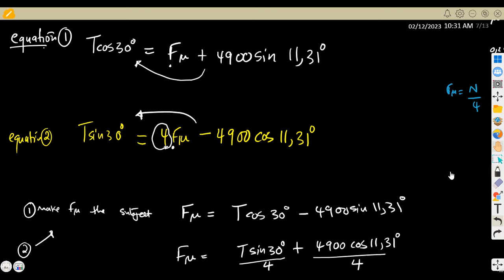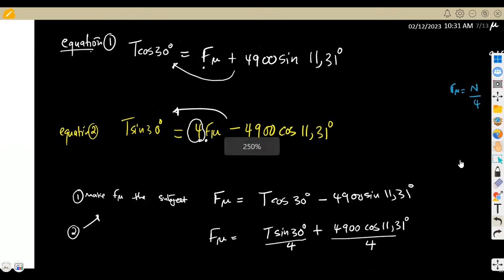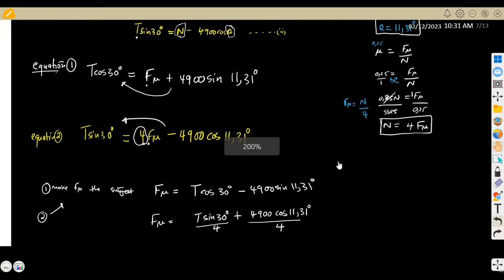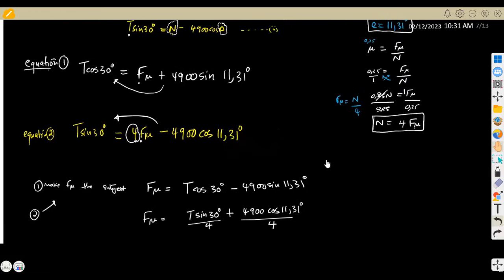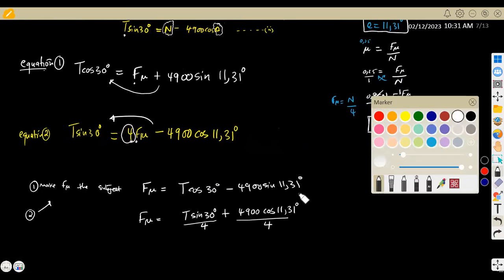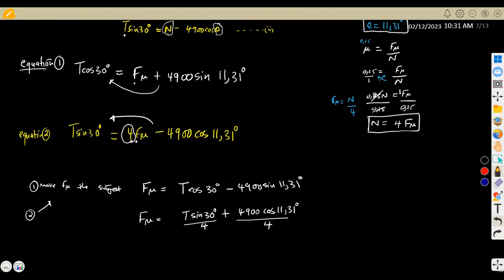So we have made the frictional force the subject from the two equations. If these two values are equal, what you're going to do is simply equate, because we've got the frictional force from equation 1 and from equation 2, and they are equal. So you can equate these two equations.